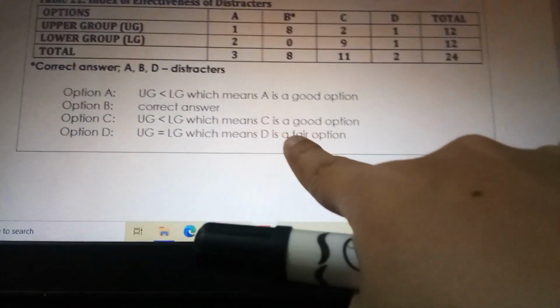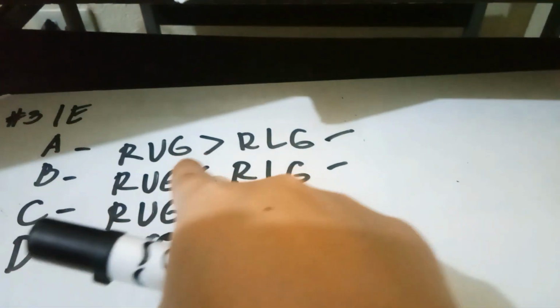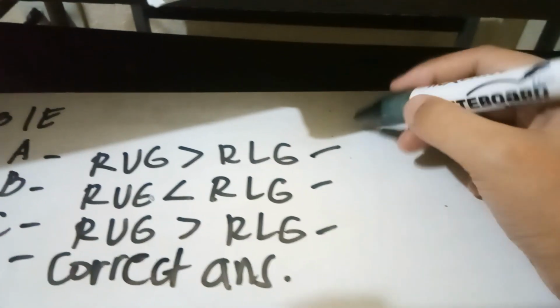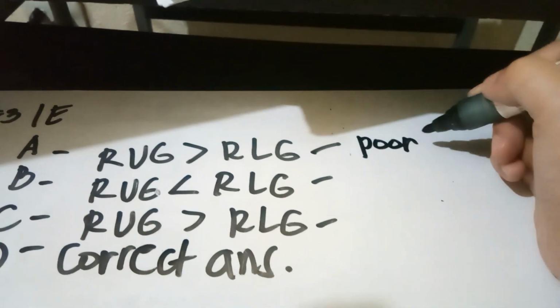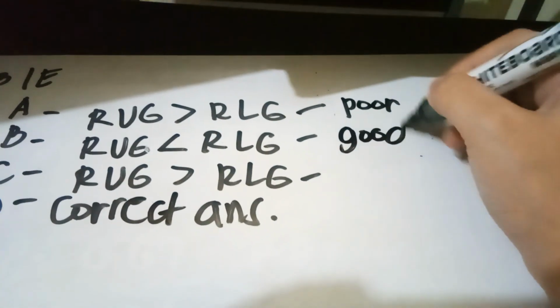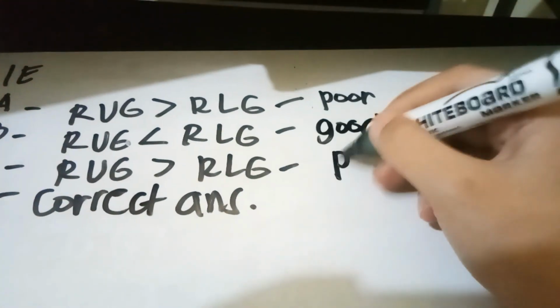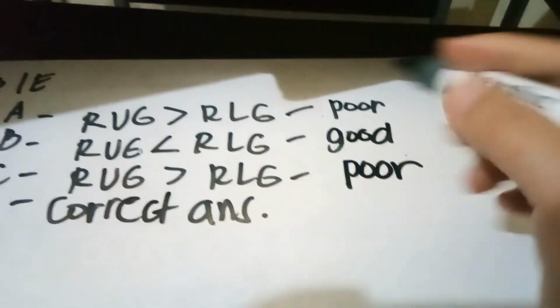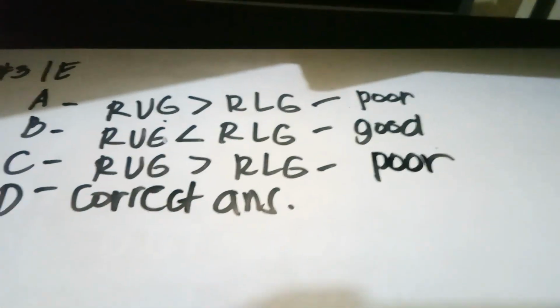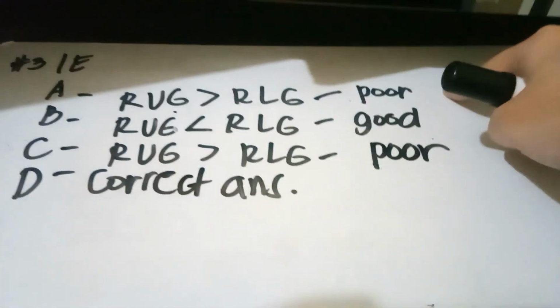If equal, we have fair. So, in here, the upper group is higher. Therefore, this is a poor option. This one is good. This one is poor. Because as you can see, more from the upper group made mistakes than the lower group. That's why it's poor. So, let's summarize.